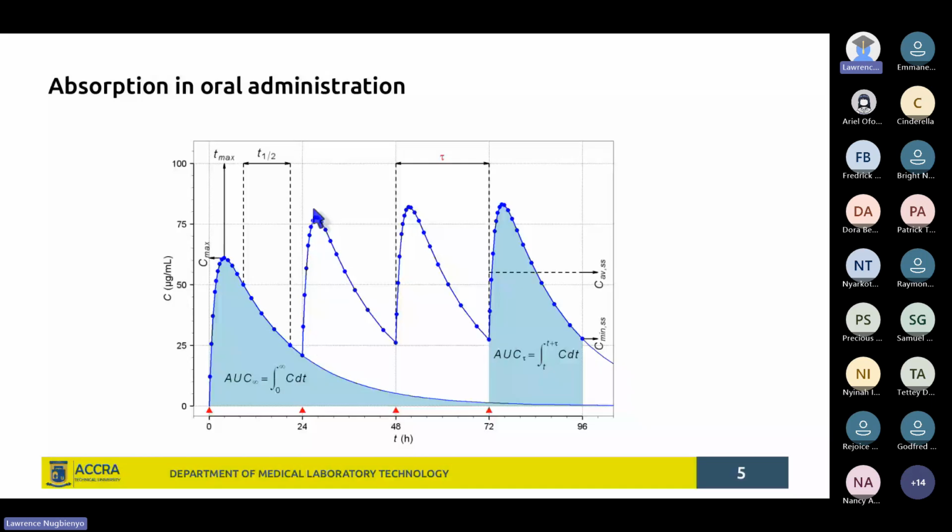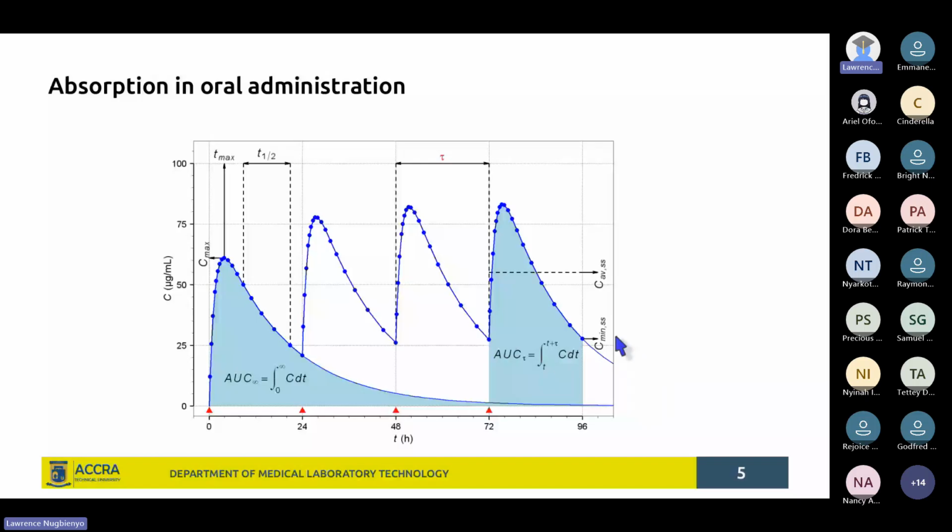The same thing happens a third time, a fourth time, which is to say that the concentration of the drug is being kept at a certain range. The reason for that is for the drug to maintain its therapeutic effect.